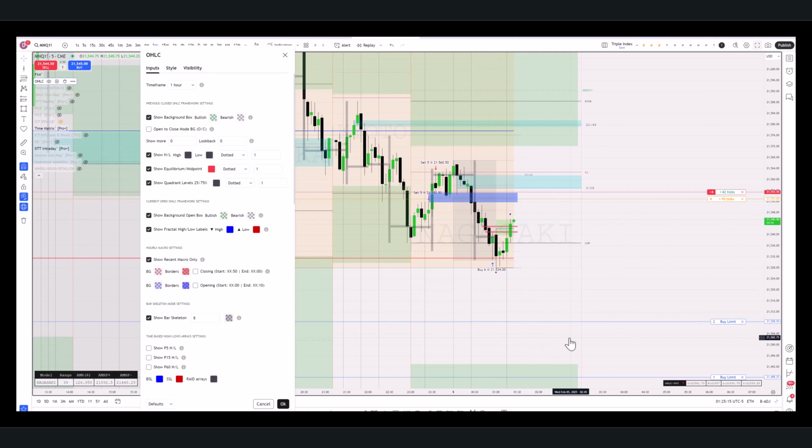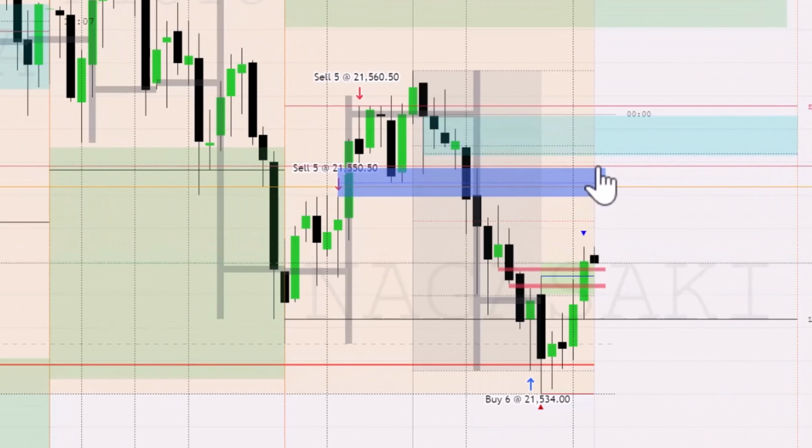So we did trade up into this. So we did have an immediate rebalance right here. So this is just the last. This could be a reclaimed inversion fair value gap. If it came up and tapped it out, that would take me out if it went.